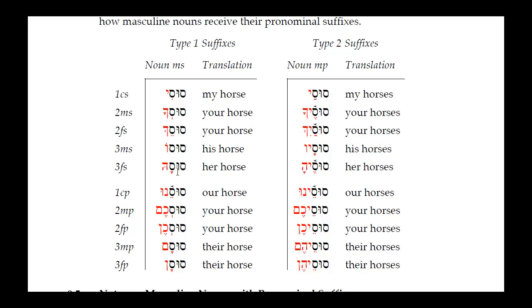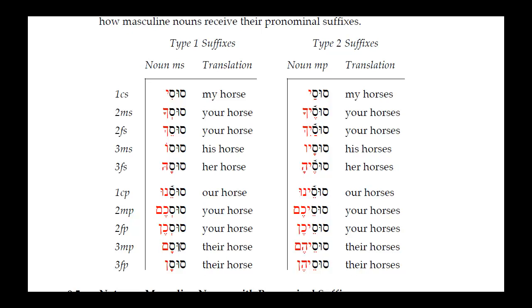We go into the first common plural, Susenu, our horse. Susechem, your horse, plural, you all's horse. That's what's plural. The noun is singular. And Susechen, which is you all feminine horse.